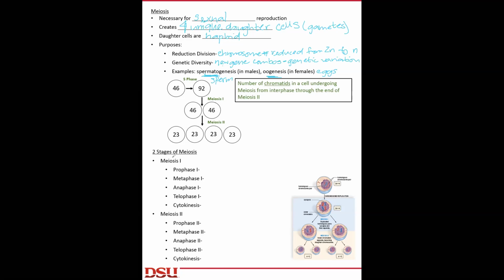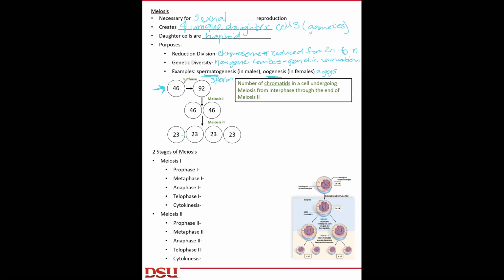All right. I'm going to pause right here and show you numerically what's happening in the process of meiosis. So we start with this parent cell, right? And the parent cell has 46 chromosomes like it should. And it's going to get ready to go through meiosis.